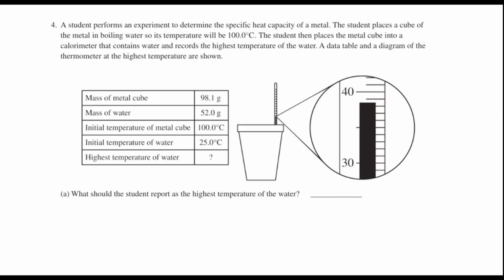That's how you read any graduated device like this. So it looks like it's pretty much in between, almost halfway in between those two lines. So I think it's safe to say that the temperature is about 38.5 degrees Celsius. So that's the answer to part A.